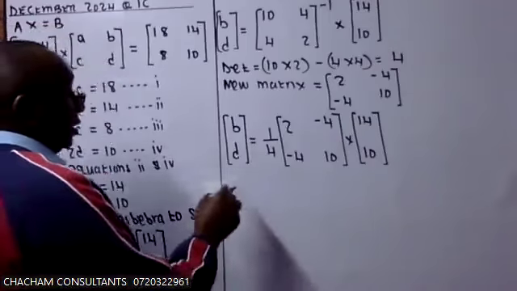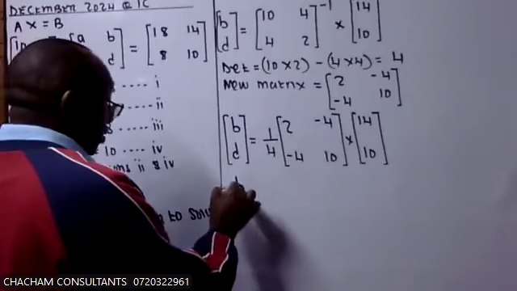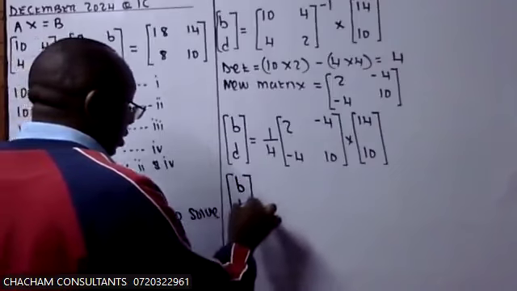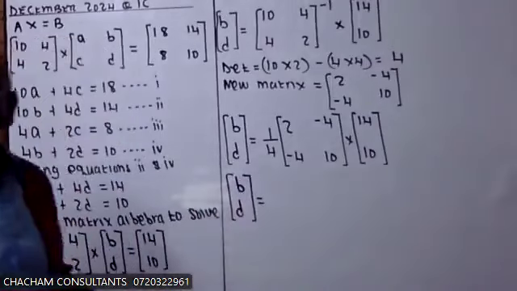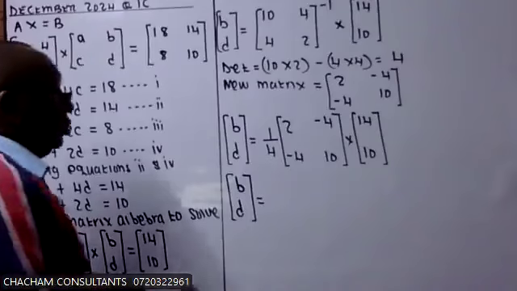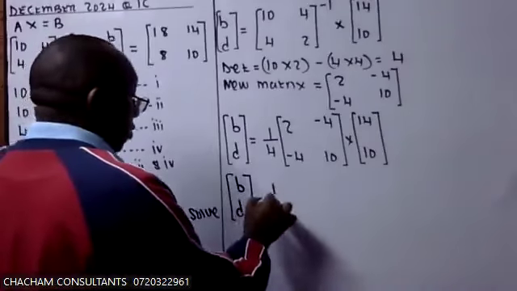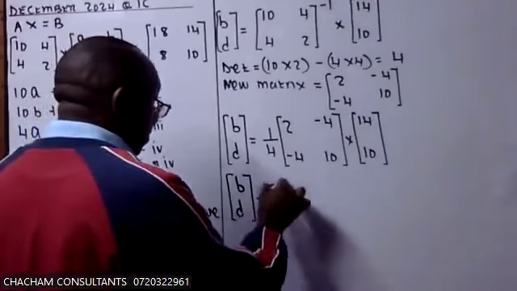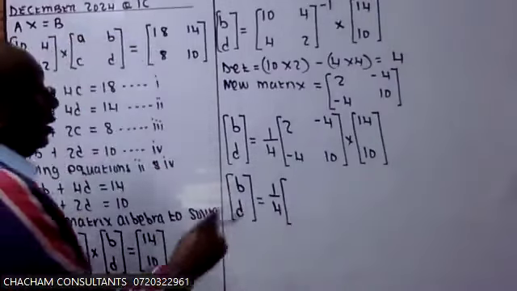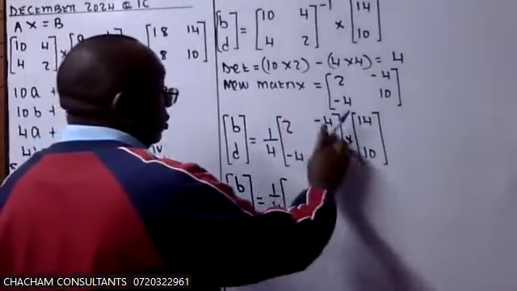So with that, we proceed and say this is B, this is D, is equals to 1 out of 4. So you multiply this row times this.